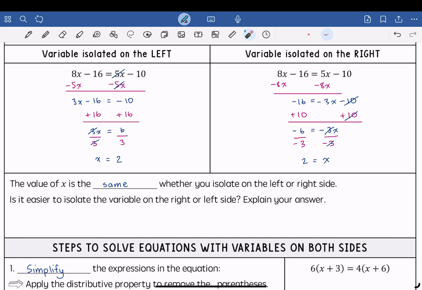However, on the right side, if we take a look at 5x minus 8x, a smaller coefficient of x minus a bigger coefficient of x, then it's going to give me a negative coefficient of x. So one possible answer is isolating the variable on the left side was easier as there were fewer negatives.